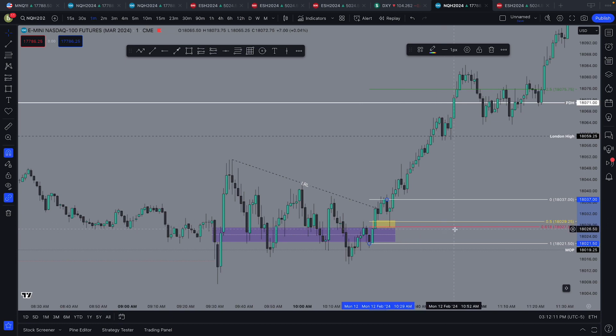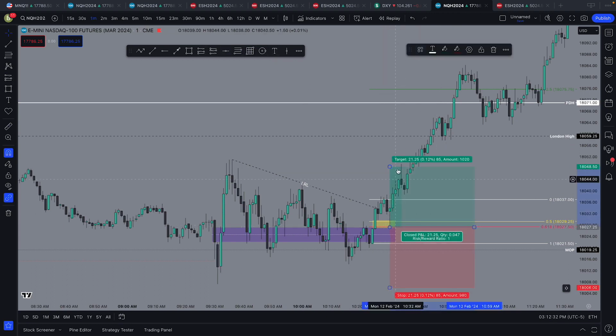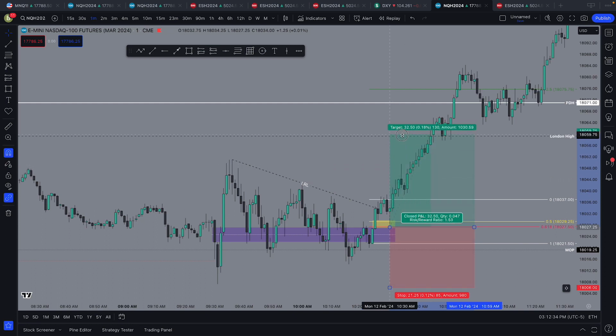And we see again, we have it at our 618 OTE level in a short-term discount of the displacement leg that takes the first swing high in our market structure shift. And then would be targeting at least London high.